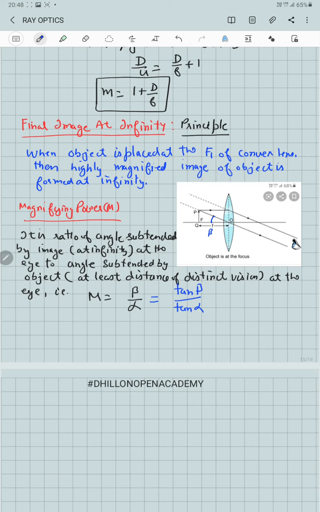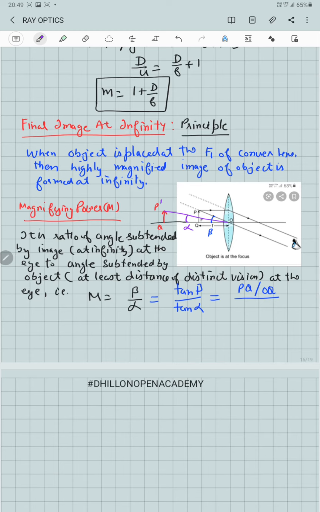From the figure, in triangle POQ, tan beta will be equal to PQ over OQ, divided by tan alpha.